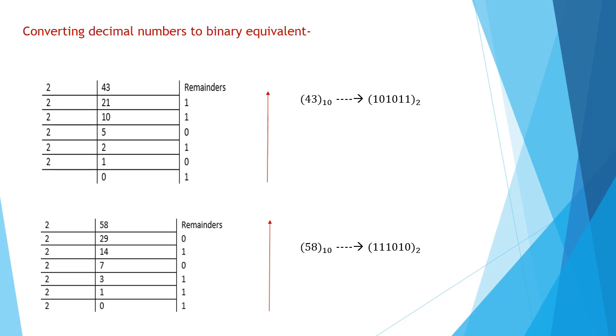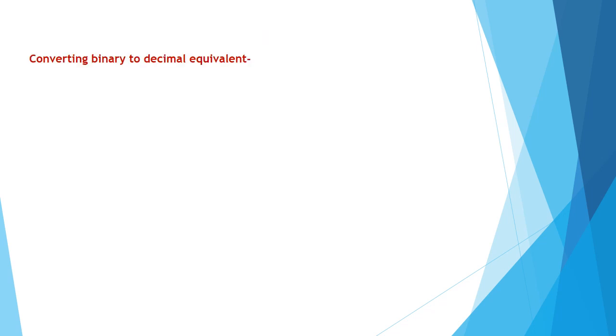Now let's see how to convert binary to a decimal equivalent. Suppose we are having an example 101011, and it is in binary since base 2 is given. Let's try to convert it. First we will list these numbers like this: 101011. Then for each element we will write the powers multiplied by their positional values.